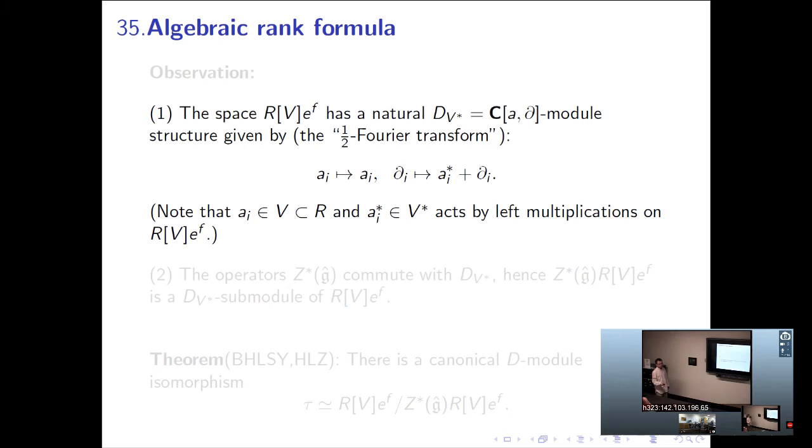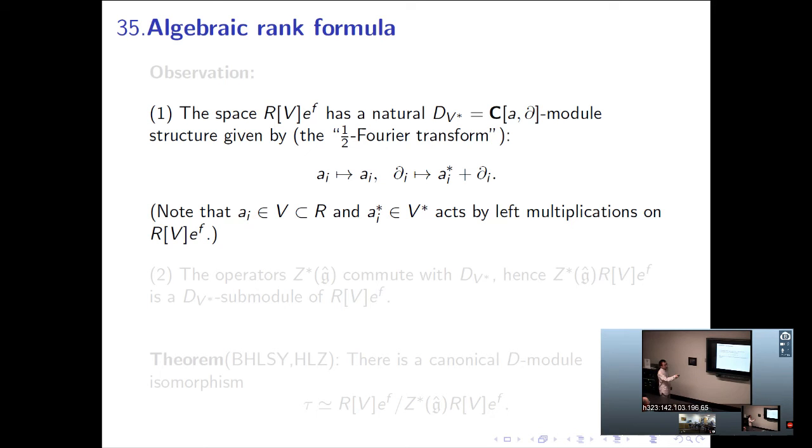What is e to the f? Well, I write this as R of V times e to the f in order that I can write this D module action in a simple way. So this as a vector space, of course, is isomorphic to R of V. But if I write it in that way, then the D module action I have to write by a complicated formula.